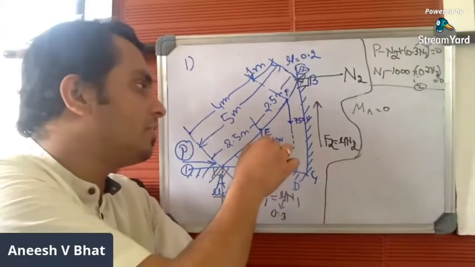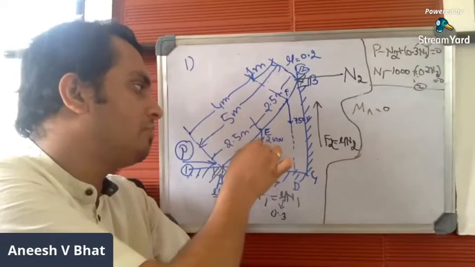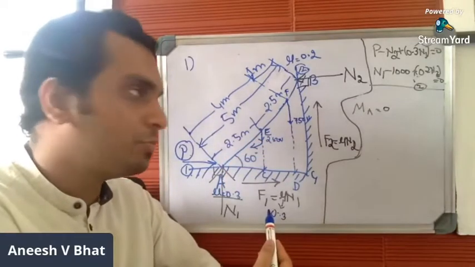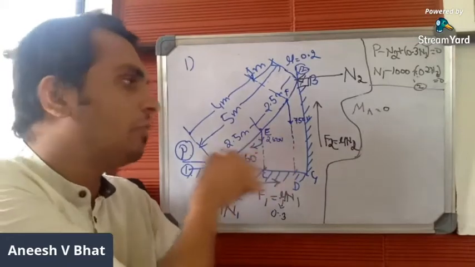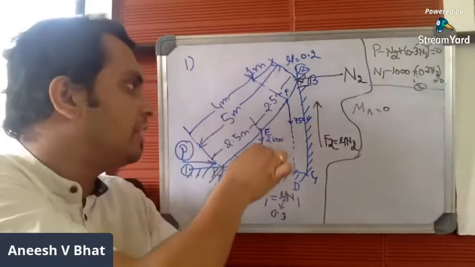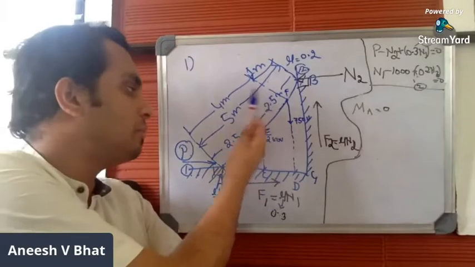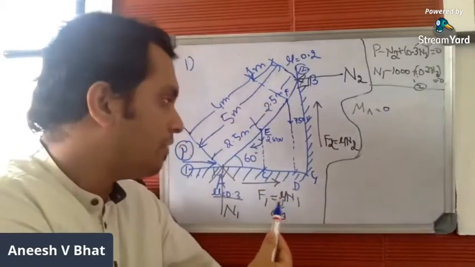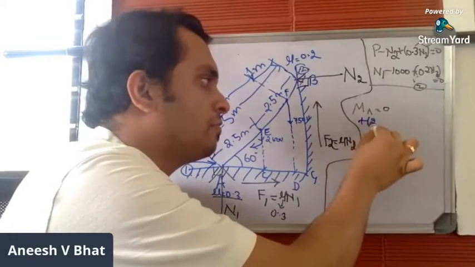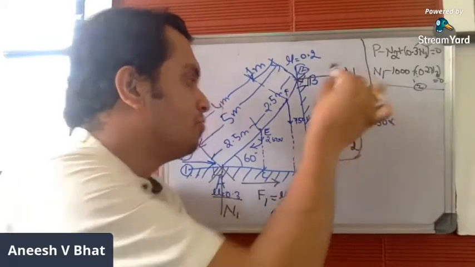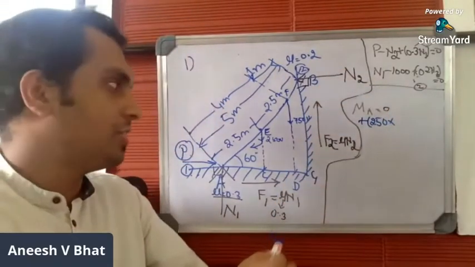So let us concentrate on this 250 Newton force. Check whether this 250 Newton force produces clockwise or anti-clockwise moment about point A. It should be clockwise. The line of action is vertical, the force moves downwards, and the point about which we take moment lies on the left-hand side of the line of action. So it is plus 250 into the perpendicular distance from the line of action.